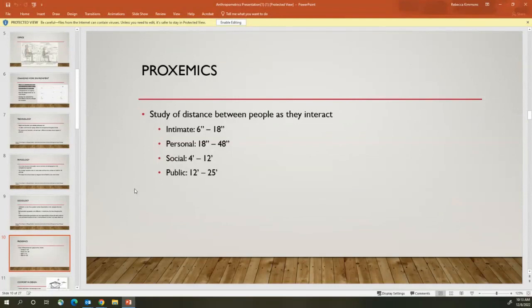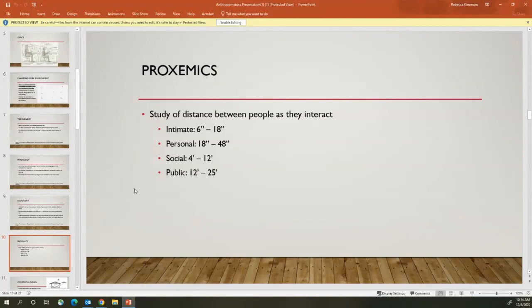This is what we are comfortable with, and this does change very much between cultures. That's probably the biggest one. I don't know if there's a big change between generations, but obviously personalities can change this as well. We all know the people that have no personal bubble, and then we have others that have a very large personal bubble as they go through.